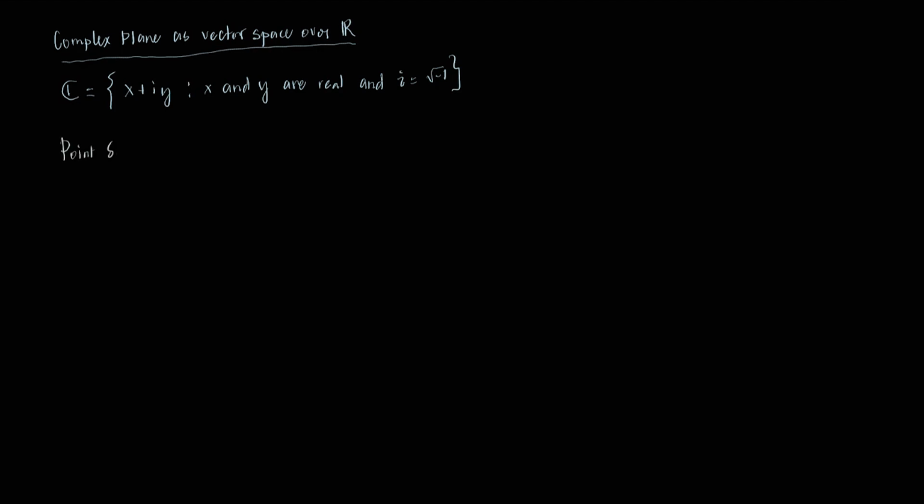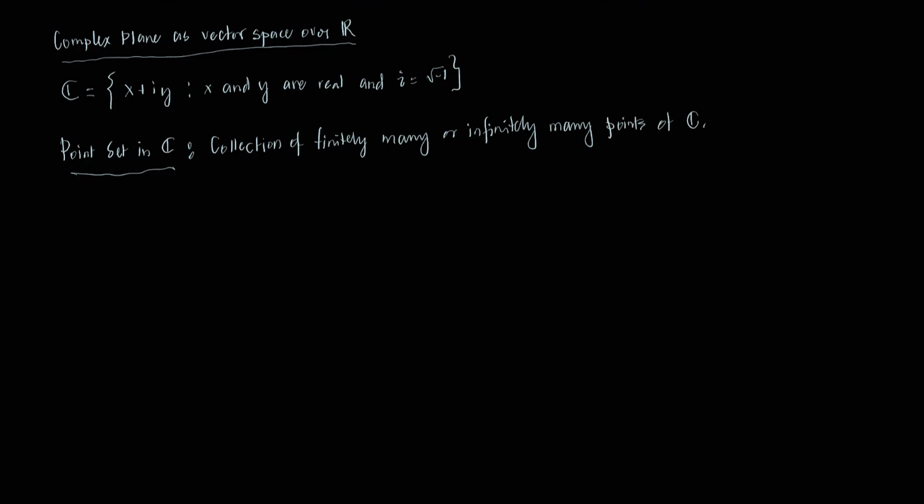Whenever I say a point set in C, it means you are taking a collection of finitely many or infinitely many points of C. So basically what I am saying is this: you take some complex numbers, put them together in a set, and that we will call a point set.